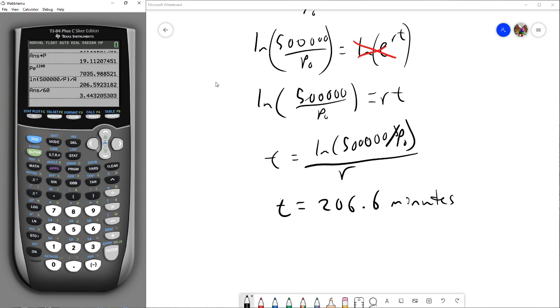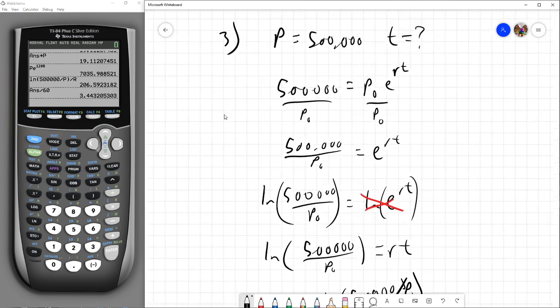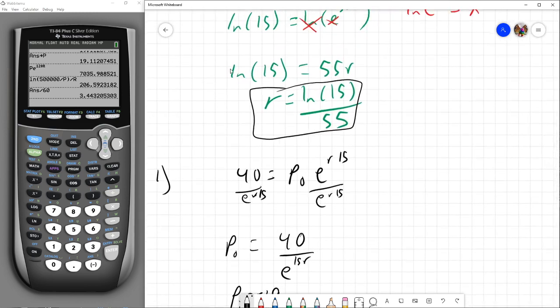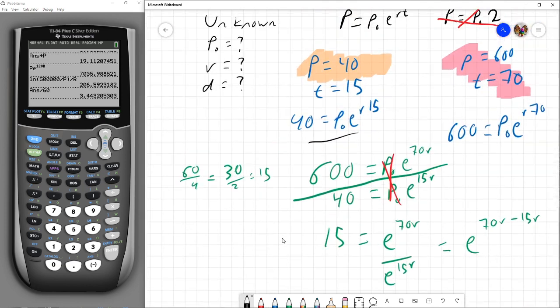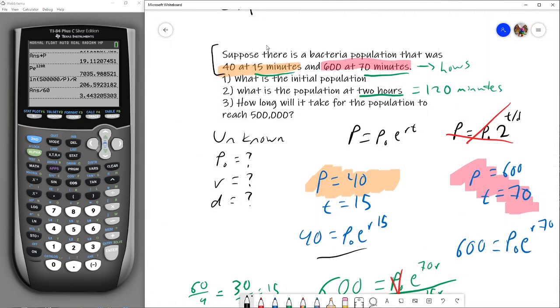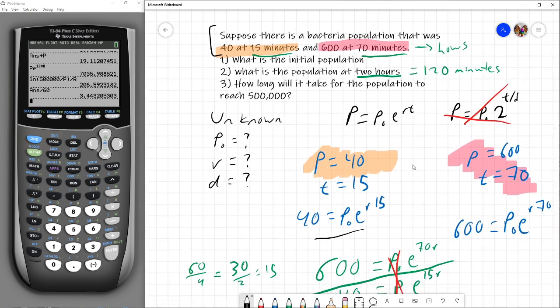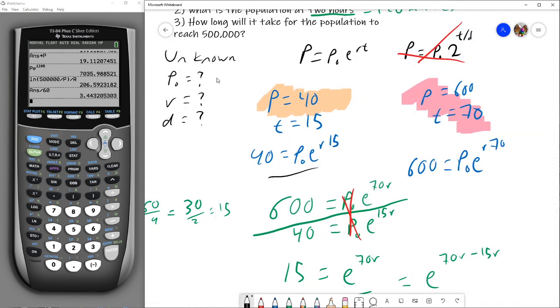So to review, our key strategy in solving this: we're given essentially two coordinates. We're told, at a particular value for the independent variable, what the dependent value is. So when t was 15, P was 40, and similar here. So we have pretty much two coordinate pairs. And to figure out some more information, we had to set up two equations.